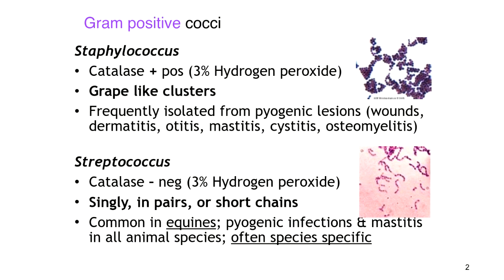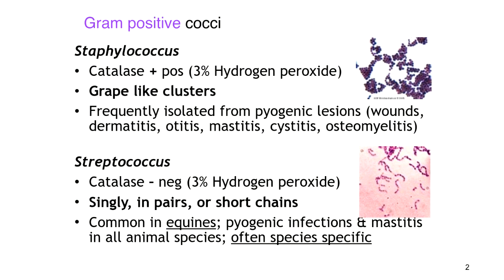So one of the tests that you were introduced to last week was called the catalase test. It takes just simple hydrogen peroxide and an organism, and if it bubbles up with the hydrogen peroxide, it is a catalase positive test. If it's catalase negative, there is no reaction.